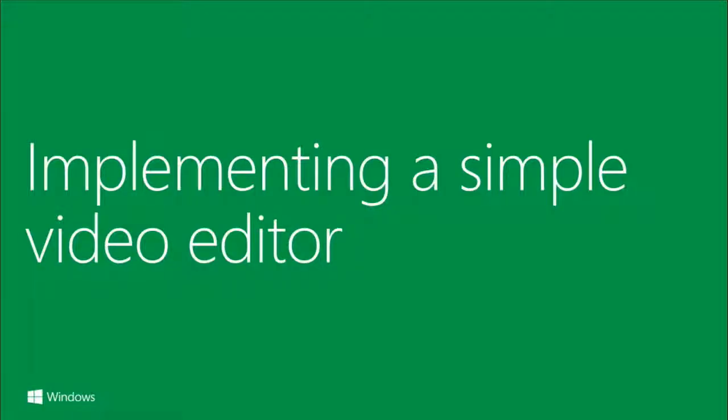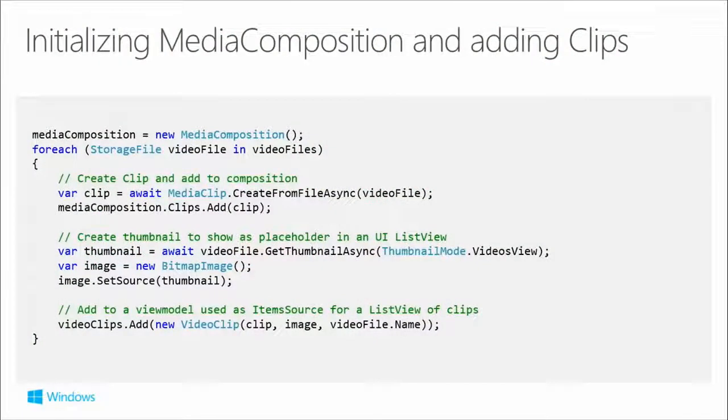So to implement that simple video editor, we're going to see a lot more code here. We use the media composition API, and we can grab a bunch of video files at one time. We would actually use the file open picker in multi-select mode to grab those multiple media files. We'll create a clip from each one of those media files.